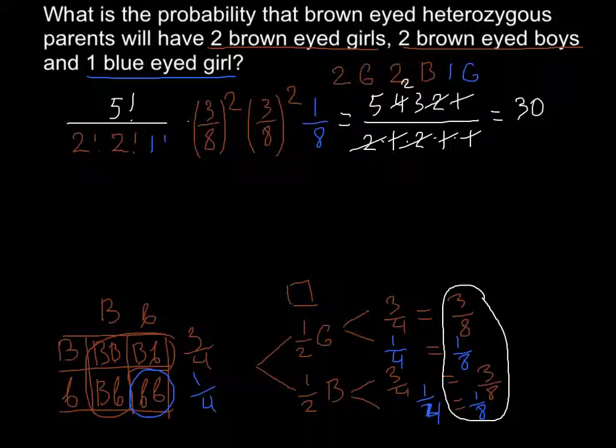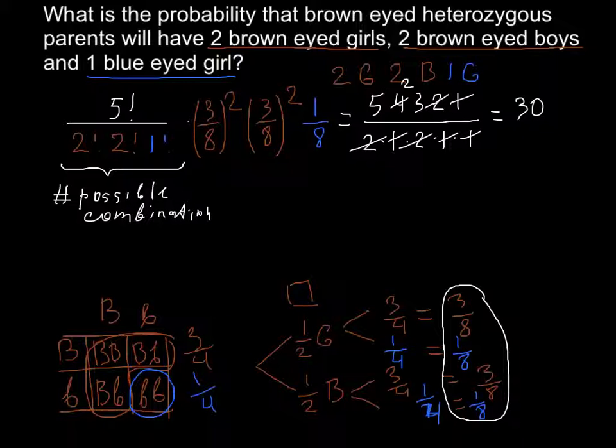And as for this part of the formula, by the way, in this part of the formula, we calculate the number of different possible combinations. So this would be the number of possible combinations to have different numbers of boys and girls out of 5 children.